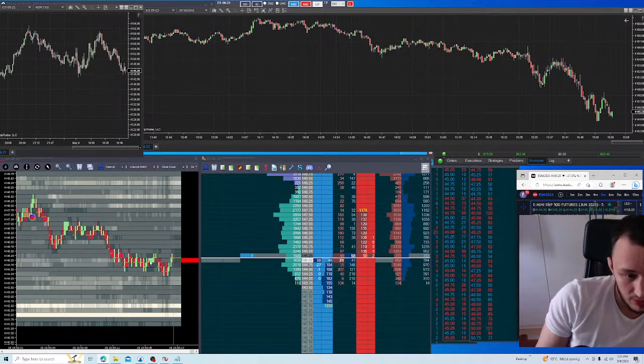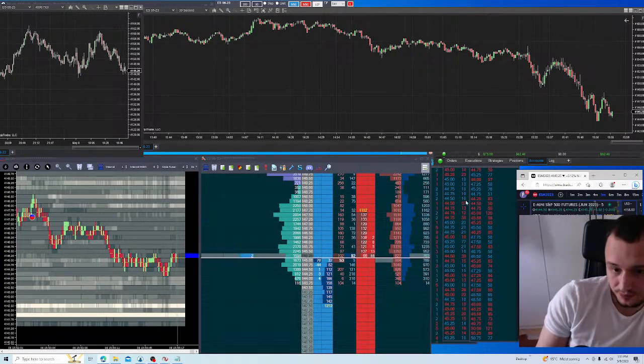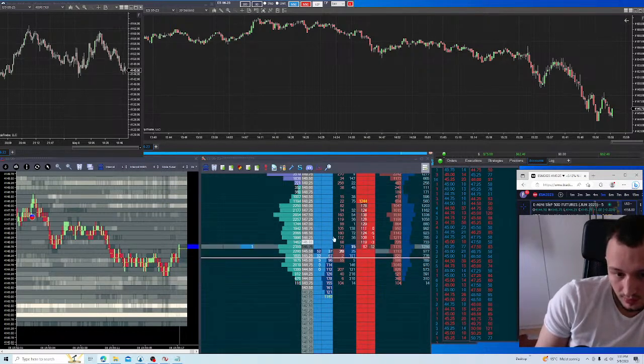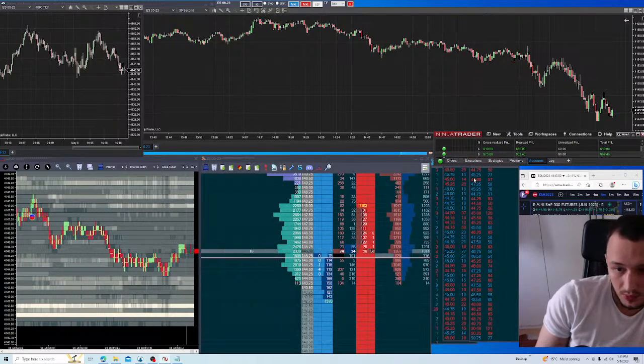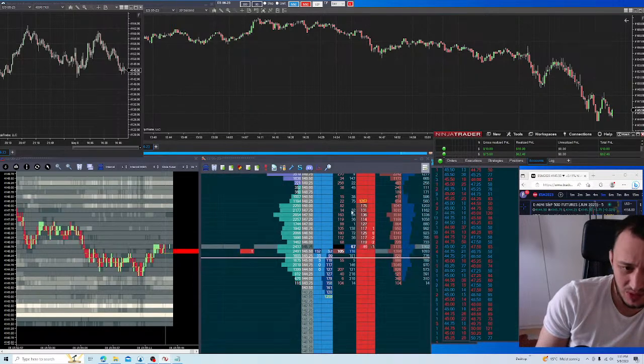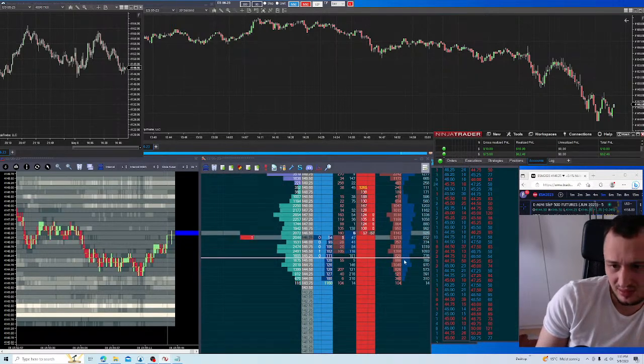Now we watch closely, okay? We saw it bottom tick here. Thing is, we don't have big buyers here, which we need if we want to clear this to the upside.